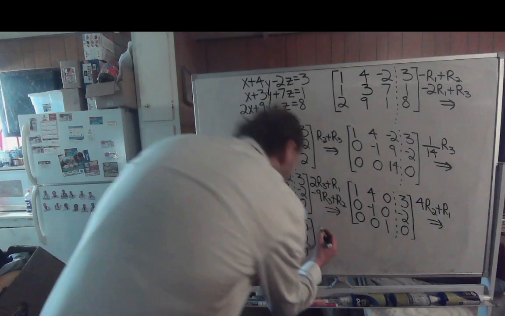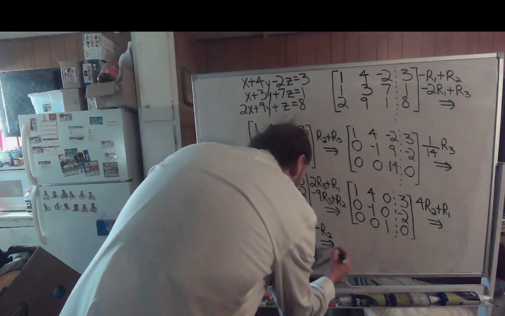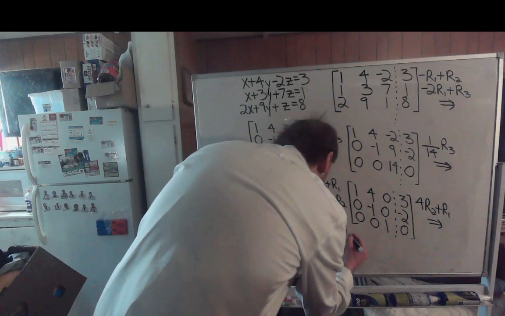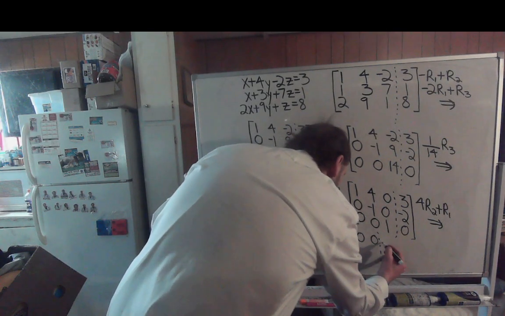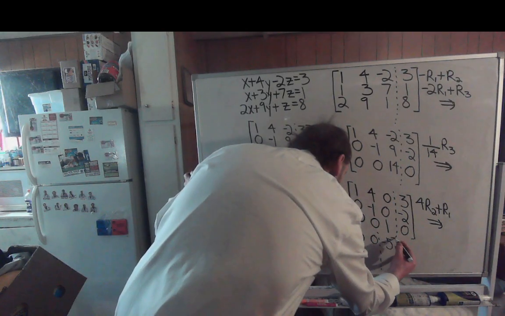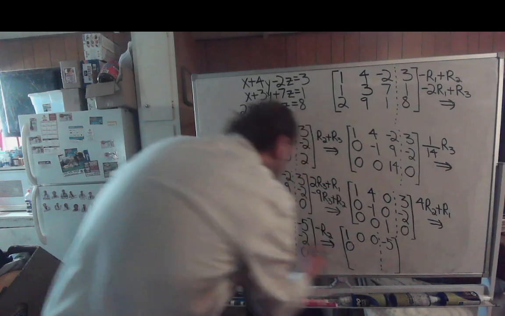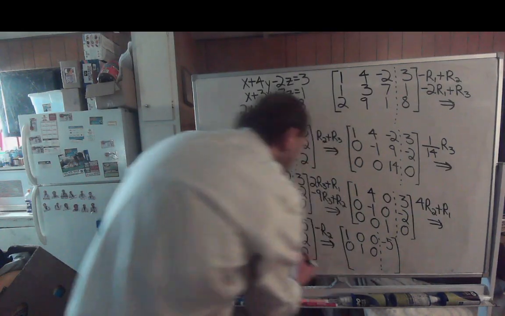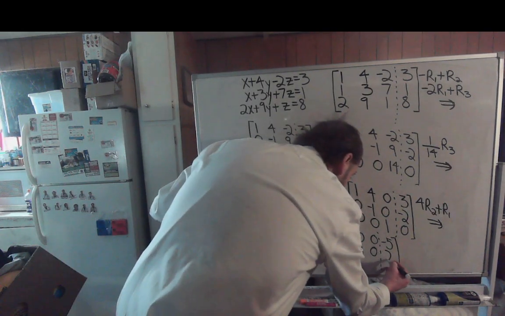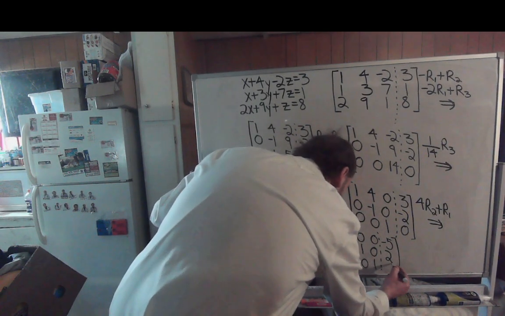So let's just negate row 2, and we'll get to reduced row echelon form, which is going to look like your first row still 1, 0, 0, negative 5, negative 0, 0, negative negative 1 is positive 1, negative 0, 0, negative negative 2 is positive 2. Then you have 0, 0, 1, 0.